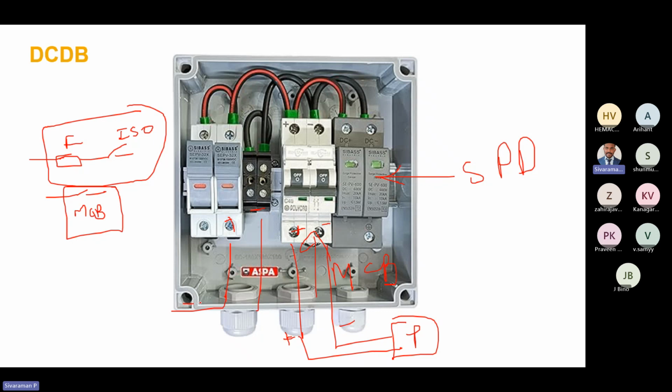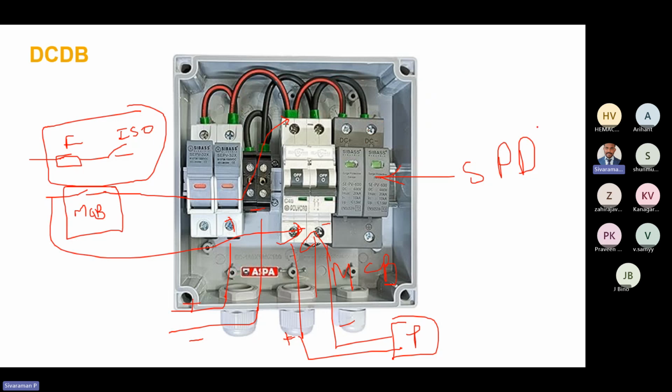So this will go to the inverter. Here what we have established is this connection. So this is this point. This is this point actually. Okay. So we are getting the protection as well as the isolation here.